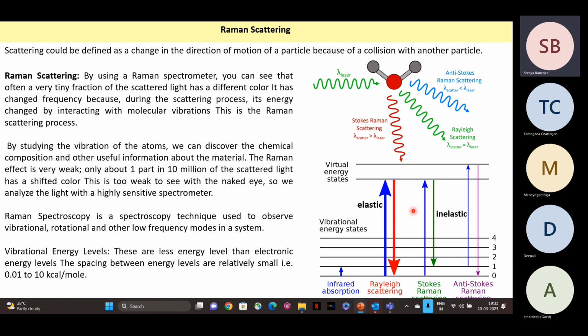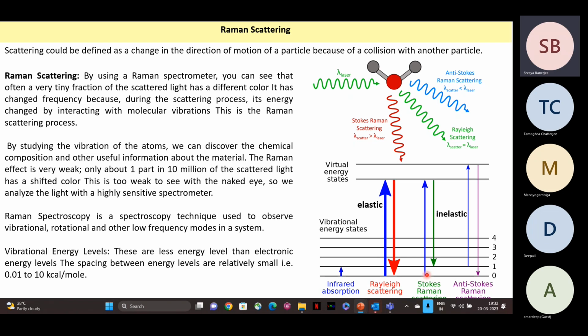So this is the final kind of spectroscopy that we will learn today, which is Raman spectroscopy. So in Raman scattering, what happens is that there is an incident light from the laser on the molecule, and there is a certain fraction. So there are two kinds of Raman scattering, Stokes and anti-Stokes.